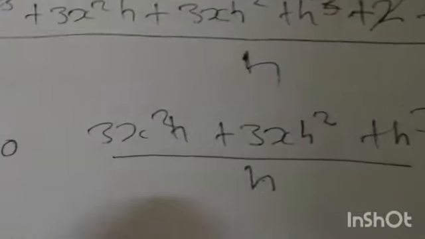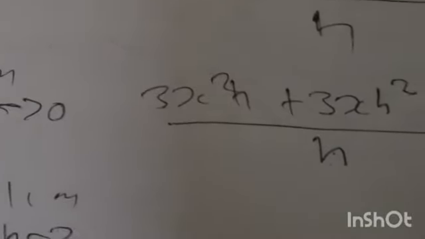So you're going to have limit as h approaches 0, you factorize h here, so h times 3x squared plus 3xh plus h squared, over h. As this h and this h cancel, you're going to remain with limit as h approaches 0 of 3x squared plus 3xh plus h squared.